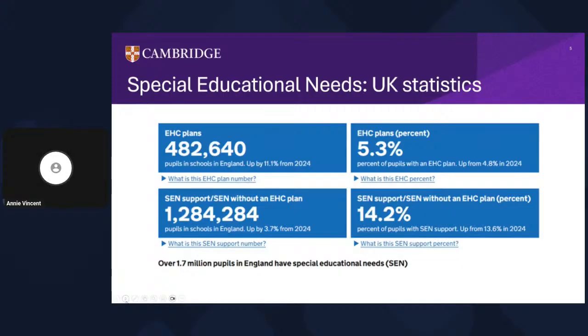So in January 2025, the DFE reported that 5.3% of students are on EHCPs currently, and that's already a big percentage who are going to largely continue to require a specialist level of support, and that 14.2% of our student population here in the UK require some kind of support outside of an EHCP, but beyond what might be termed a universal offer.